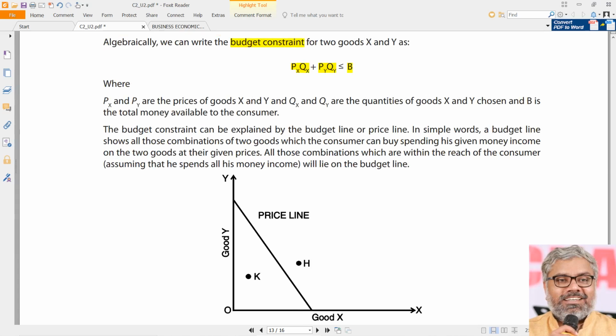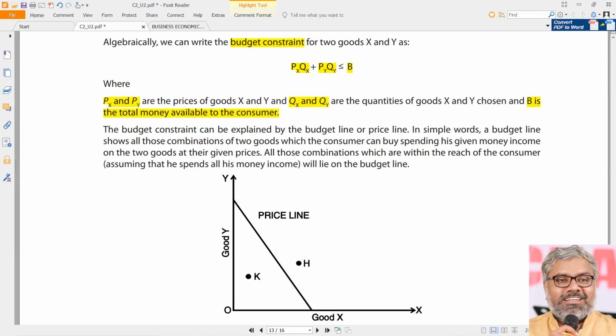The total money available to the consumer is B, and that money can be spent on purchasing a combination of 2 commodities, X and Y. How much he can spend will be determined by Qx, Qy and Px and Py. So PxQx plus PyQy cannot exceed B. It will always be less than or equal to B.